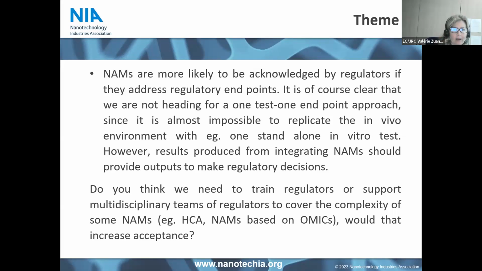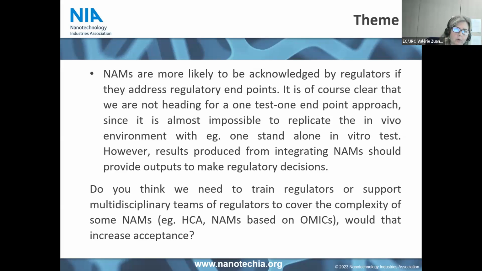The regulators of the different jurisdictions work together to develop case studies where they develop IATAs, and they check how methods could be combined and what type of decisions they should take, etc.